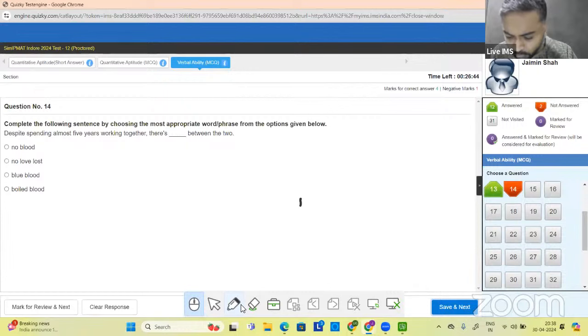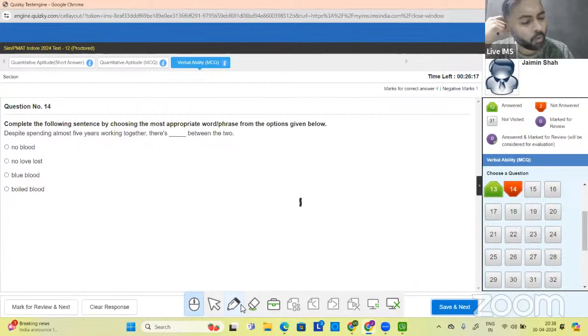Despite spending almost 5 years together, there's dash between the two. No blood between the two. No love lost. No blood will not come. No love lost. Bluebird, no, not blue blood.